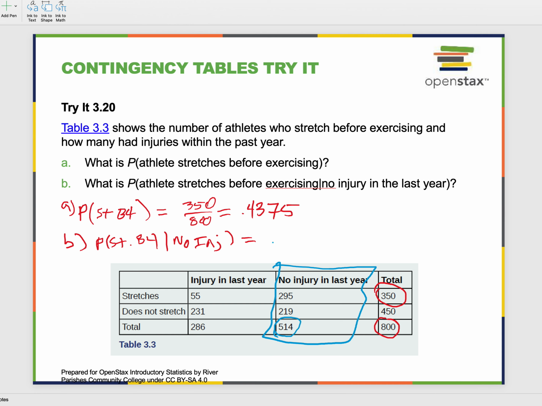So now my denominator is going to be 514. And what does it say? Athlete stretches before exercise and given no injuries. Well, that's 295 athletes that stretch out of 514. So what is 295 divided by 514?